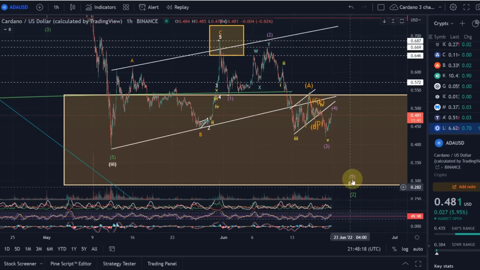So this could happen. While Bitcoin might actually make higher highs and higher lows, we could actually see a lower low on the ADA chart, because money will flow into Bitcoin. In the beginning of an uptrend, we'll probably see Bitcoin start to go up before the altcoins. Certainly something to be aware of, and therefore this would also add to this case I'm making here with one more lower low for ADA.